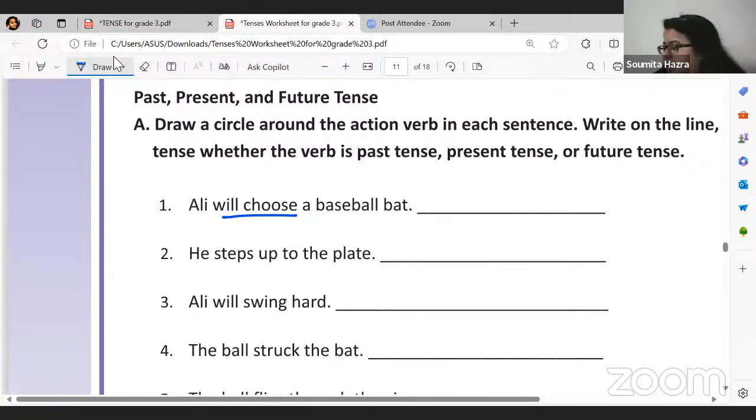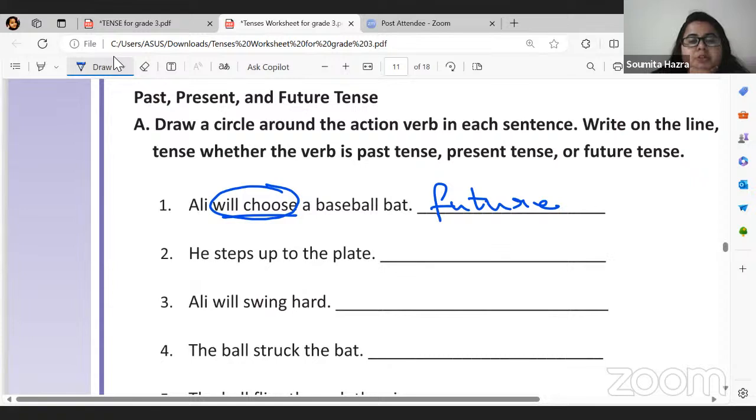Number 1 is present tense? Huh? Ali will choose. How is will choose a present tense? How many times I told you that will or shall will be used for future tense. So this is future tense. Very good. Next, number 2.